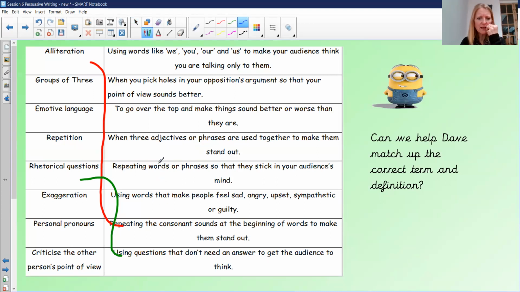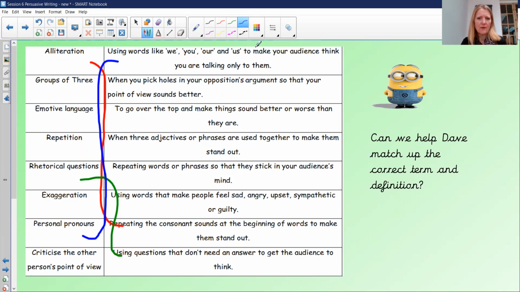Repeating words or phrases? 3 adjectives, go over the top. Oh, I think it's this top one here. Using words like we, you, our, and us to make your audience think you are talking only to them. That's when Fly was talking about, this is our farm that the new pig was going to mess up. So that's that one there.